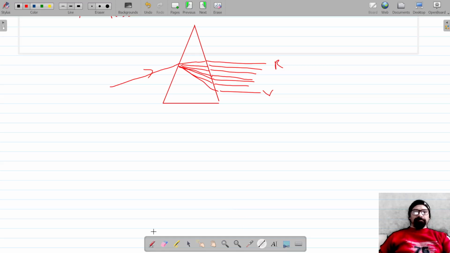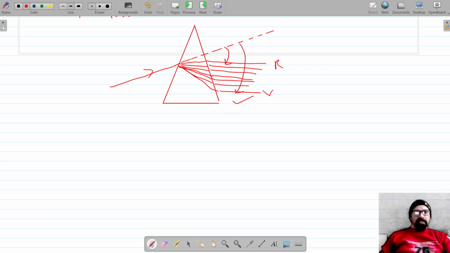If this ray of light was not going through the prism, it would have gone like this. So this is the original path of the incident ray. Now the red color has bent the least and the violet has bent most.